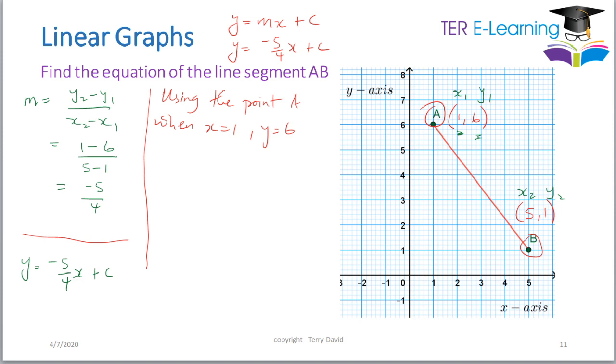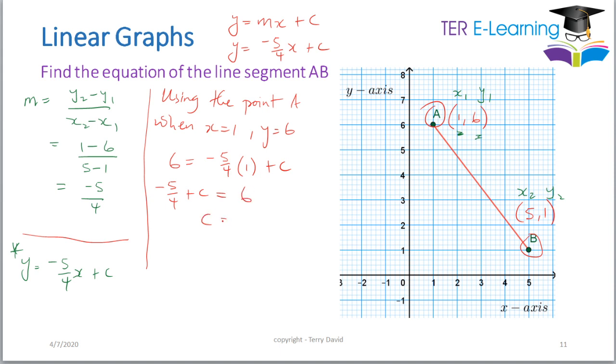So I'm going to take those two values for x and y and substitute them into this partial equation that we have here. So y, which is 6, equals minus 5 over 4 multiplied by x, which is 1, plus c. So I can write minus 5 over 4 plus c, because minus 5 over 4 multiplied by 1 is minus 5 over 4, which is equal to 6.